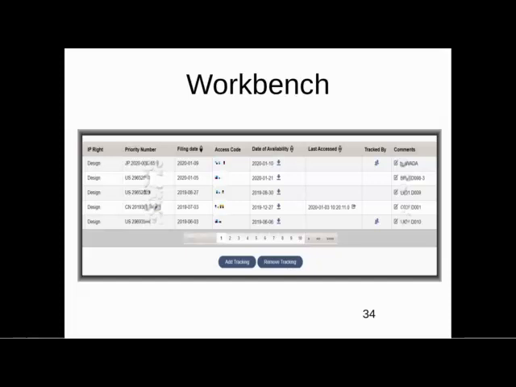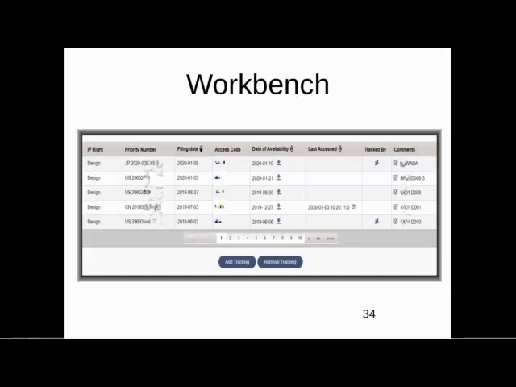And here's part of my workbench. Here you can see some of my design cases. Down in the center, you can see where it says add tracking, and this is what we're talking about. You could click on add tracking, and this is going to permit you to add something to your workbench.